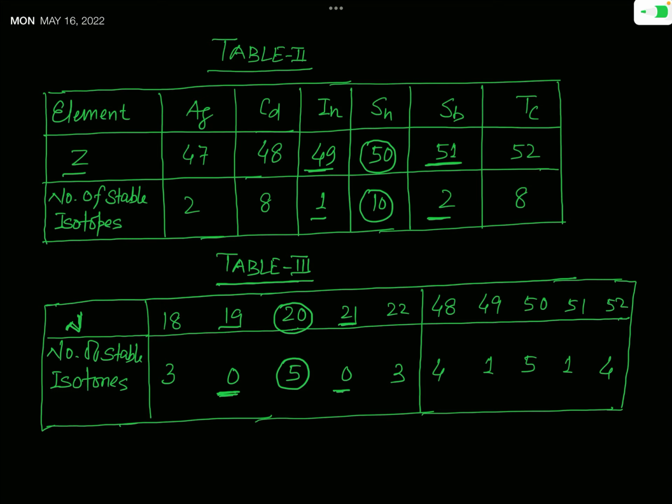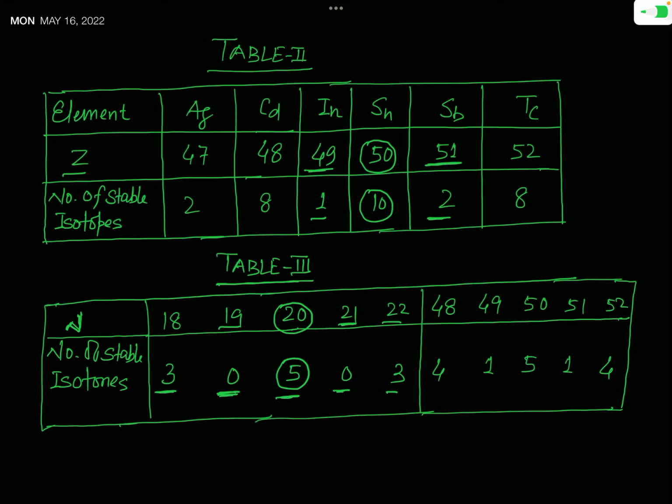And similarly, for the other neighboring nucleus with 21 neutrons, the number of stable isotones is again 0. For n equal to 18, the number of stable isotones is 3, and for 22 it is also 3. So what you see is that the number of stable isotones for the magic nucleus, which is 5, is the highest in comparison to the neighboring nuclei.